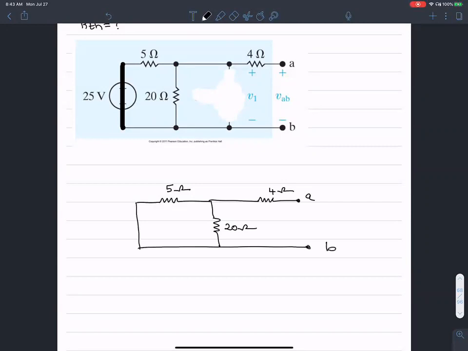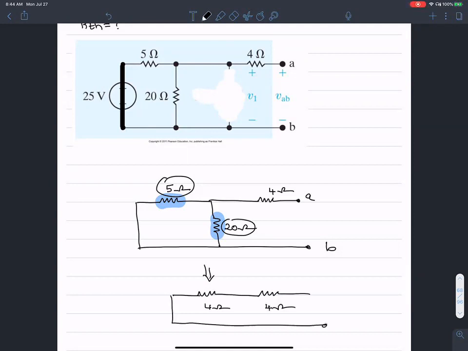Is everybody with me? There is 5 in parallel with 20, which should give me 4 ohms. So the equivalent parallel combination of 5 ohms and 20 ohms is 4 ohms. What I have is 4 ohms in series with another 4 ohms between A and B, which is the same as RTh.